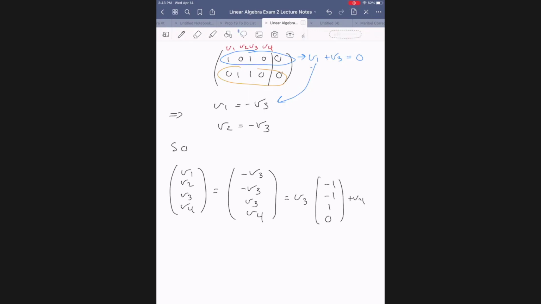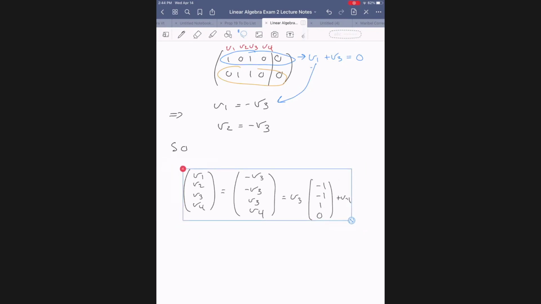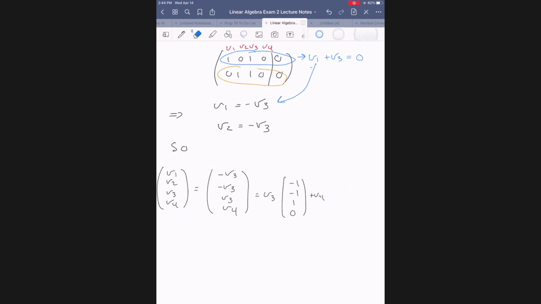I was reading out the solution. So V4 is going to be 0, 0, 0, 1. Okay, so any vector that looks like this is orthogonal to every vector in that space.